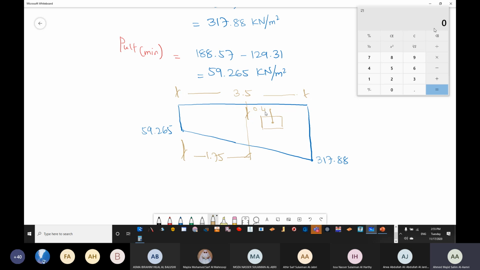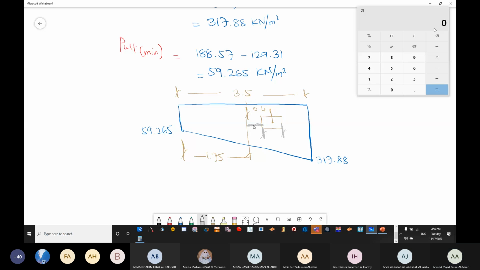Now we want this dimension, because we require to calculate the moment at this face. If you remember, we said moments are to be calculated at the face of the column. So can you tell me how much is this distance?